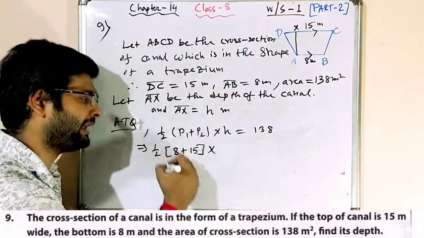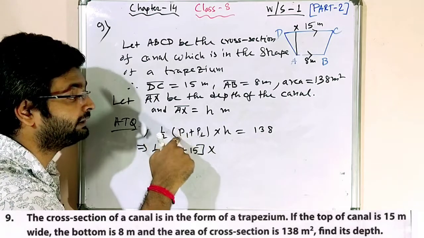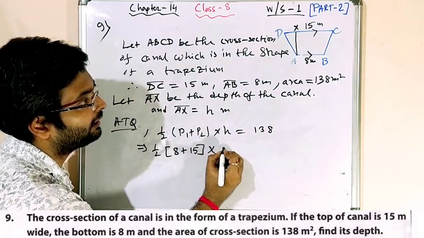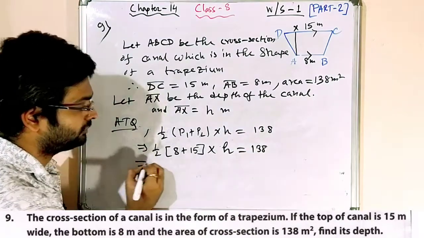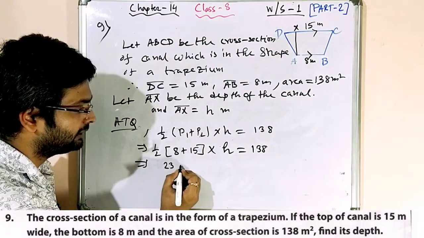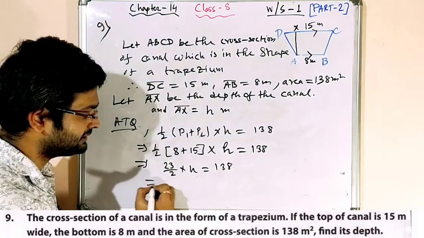It is not mandatory that I have to take P1 as the bigger one, and they have told us these are the lengths of the parallel sides. And H is what? That I don't know. I have to find the value of H. So 138. Now tell me 15 and 8, if you add them, 23, by 2 into H equals 138. Now guys, what to do?